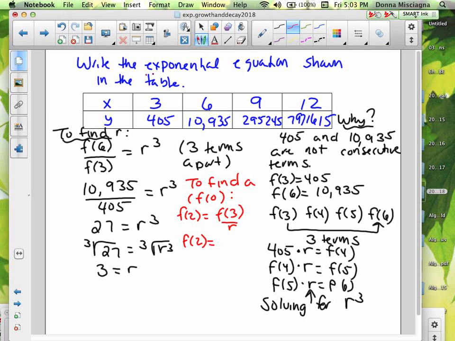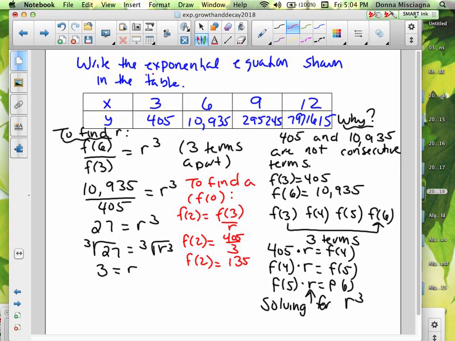Yeah, we have our third term. For a second there, I didn't see our third term. So f of 2 would be 405 divided by 3. So that means f of 2 is 135.